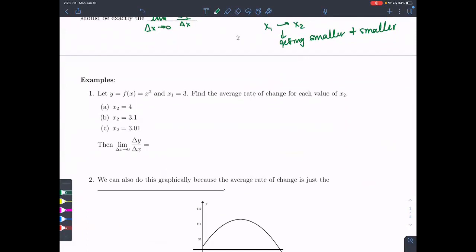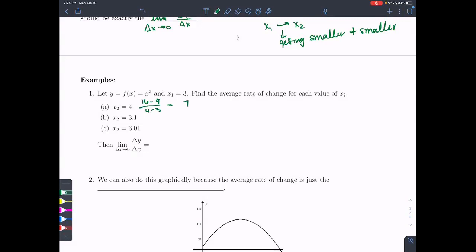We are going to use the average rate of change between two x values, but those x values are going to get closer and closer together. So x1 is 3, x2 is 4. The average rate of change, looking at x squared, is 16 minus 9 divided by 4 minus 3, so you have 7.